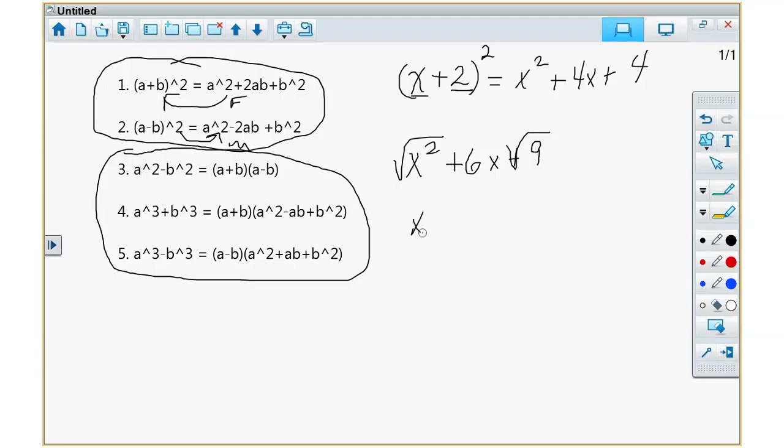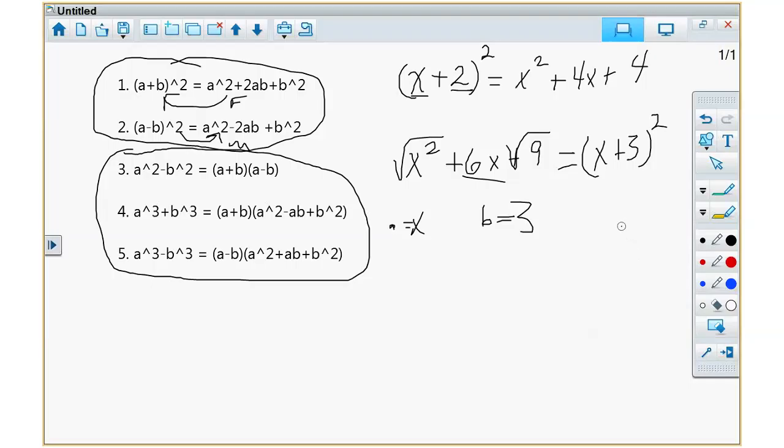X. What's the square root of 9? 3. What's 2 times 3 times x? 6x. So it is shortcut number 1. And then you rewrite it. That's A, and that's B, and that's going to be x plus 3 quantity squared. And that's how you do the shortcuts. All right, does that help?